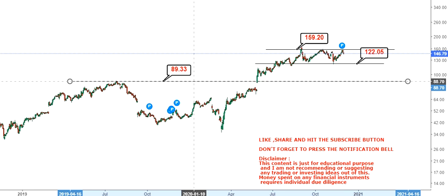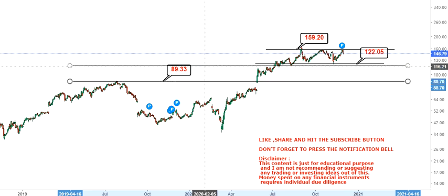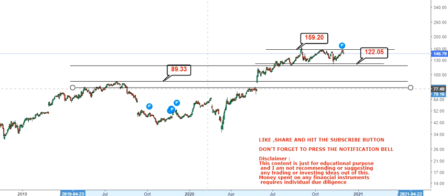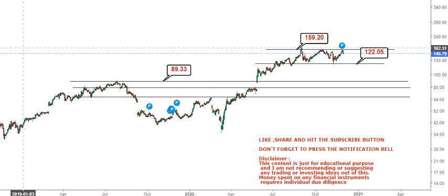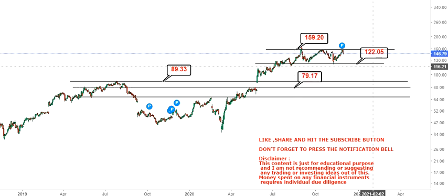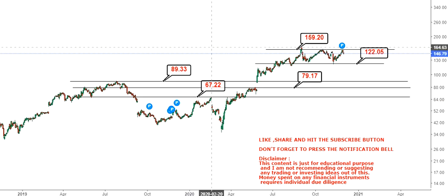Okay, so this will be a big downfall if the important support level breaks on the downside. Now if the stock falls below $122, the next support will come at 89, probably 79, and you will find your big support at $67. So this is what you can see on the daily chart.